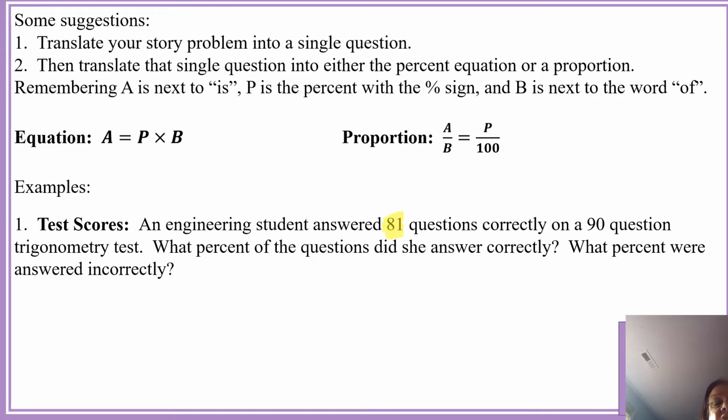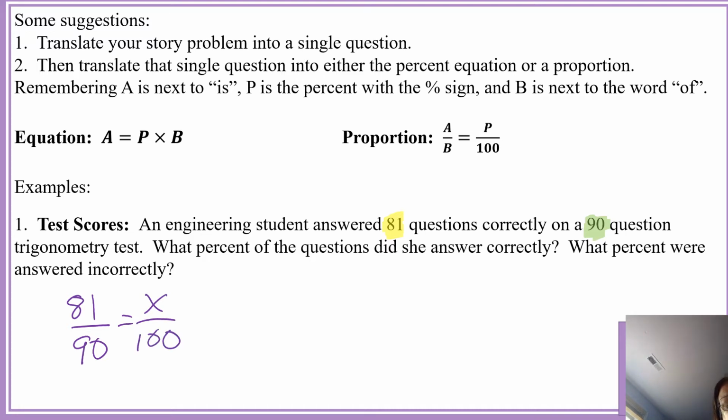An engineering student answered 81 questions correctly on a 90 question trig test. What percent of the questions did she answer correctly? The correct answers over the total is the percentage over 100.